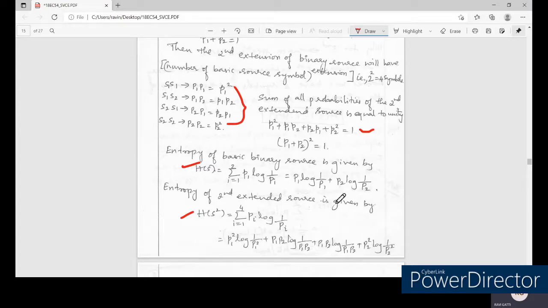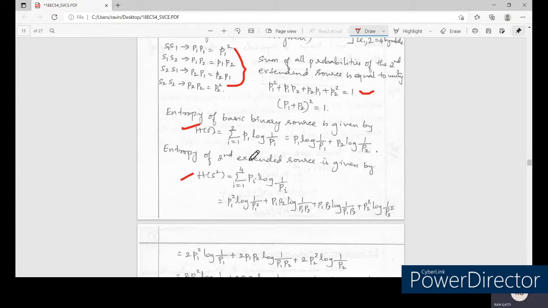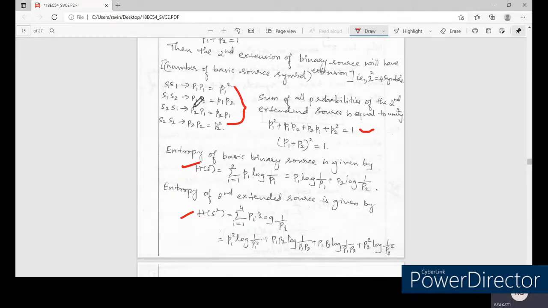Substituting, we get P1 log 1 by P1 plus P2 log 1 by P2. Similarly, the entropy of the second extension of the source, H of S square, is summation i equals 1 to 4 of Pi log 1 by Pi. Now we consider the source symbols with the probabilities P1 square, P1 P2, P2 P1, and P2 square.